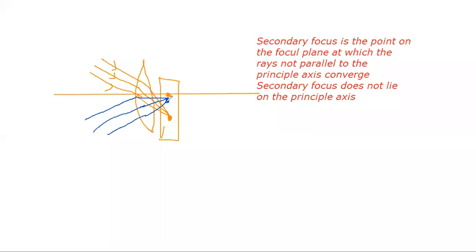So a secondary focus of a lens is not a fixed point.